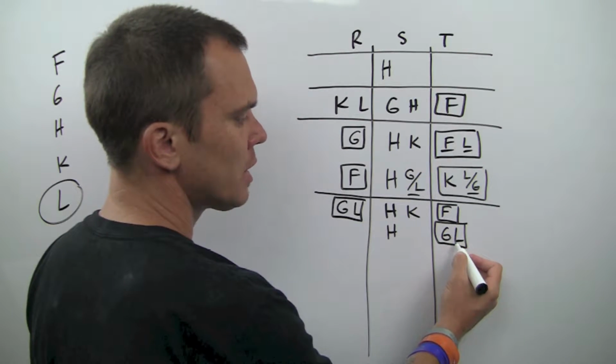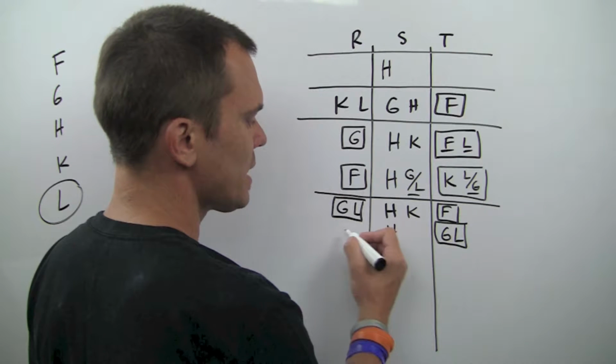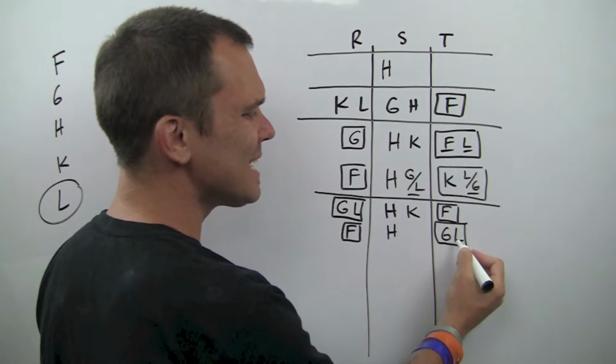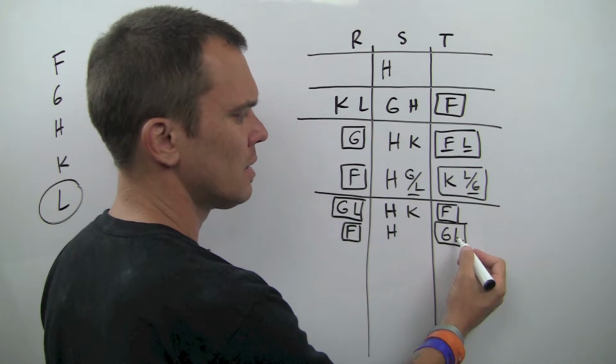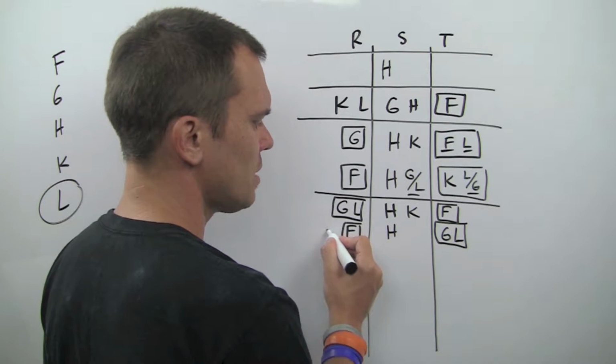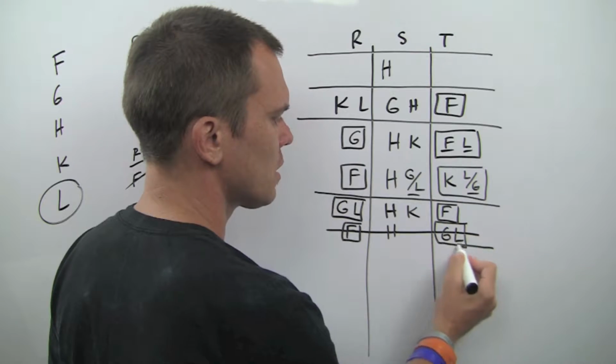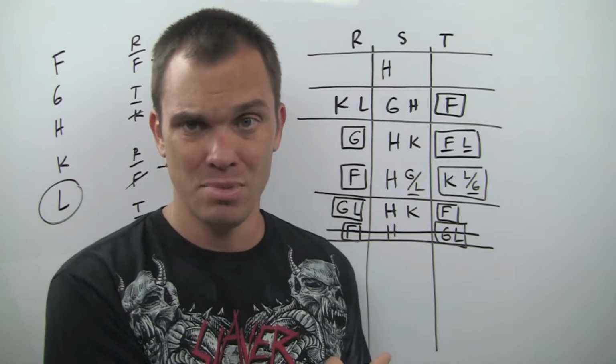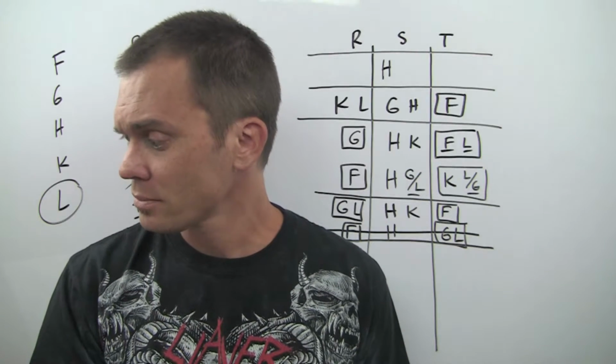If Gina and Lori are here, then Frank has to be by himself. But if Frank is with Raines, then Kevin has to be with Thompson. Kevin's not with Thompson. This one doesn't work. So we're dealing with this first option. That's how it has to be if Gina and Lori are together.